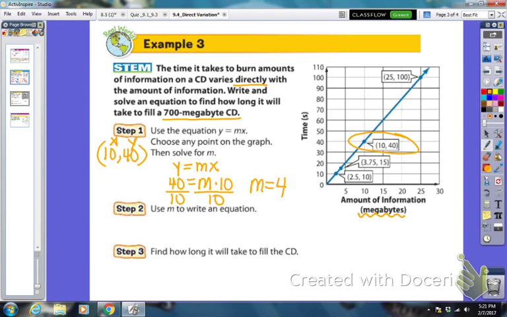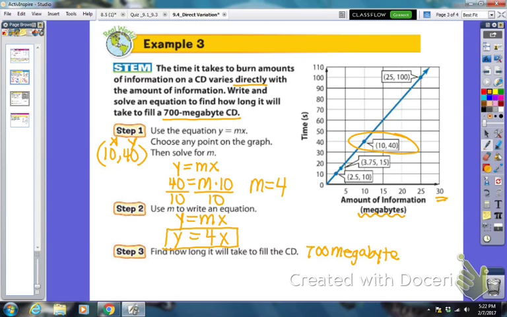Now, why am I writing an equation? Well, I want a 700 megabyte CD. And if you notice, the graph only goes to 30. So if I continue this till 700, it's going to take quite a while to extend the graph.